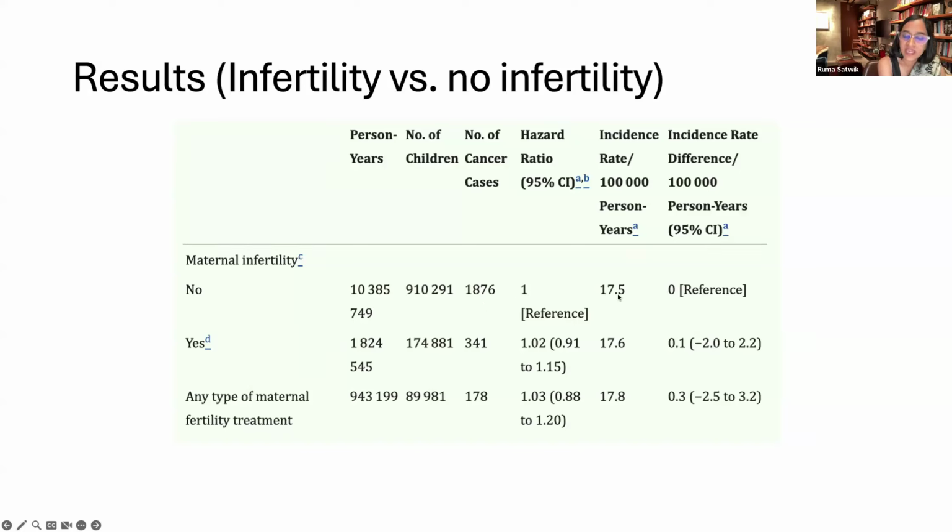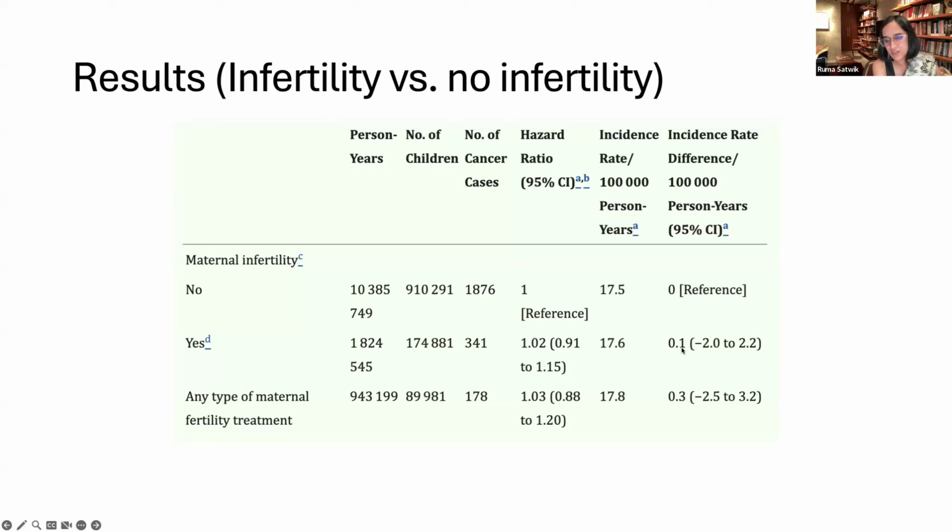Cancer rate in children born to fertile women, 17.5 per 100,000 women per year is the baseline. In women who were infertile, the number of cancer cases, 341, absolute number is of course fewer, but when you divide the numerator by the denominator, you get 17.6, more or less the same, and 17.6 minus 17.5 is 0.1, that's the incidence rate difference, right?